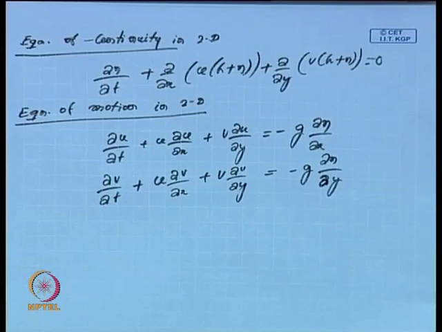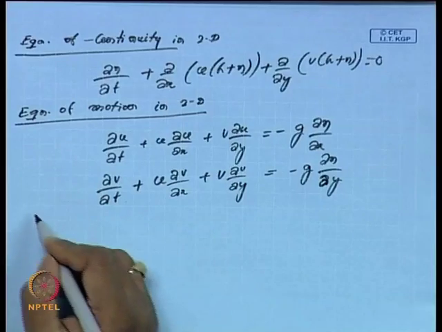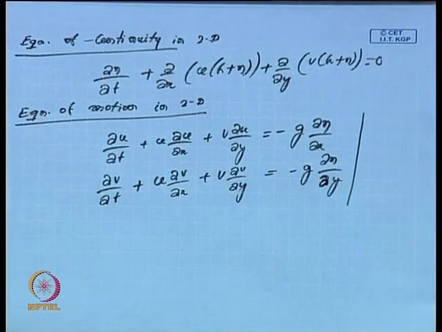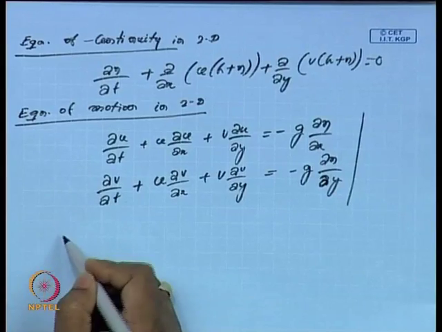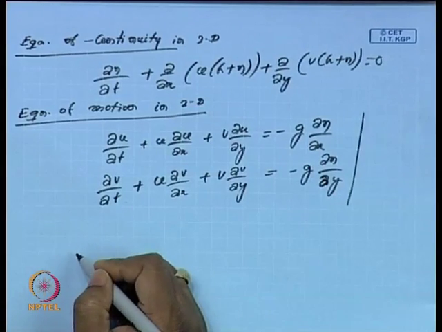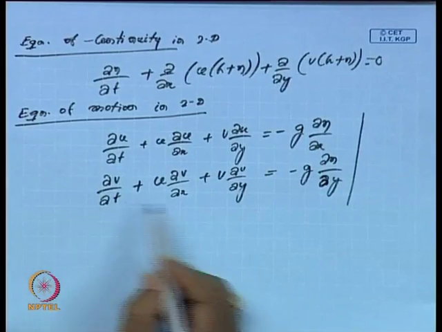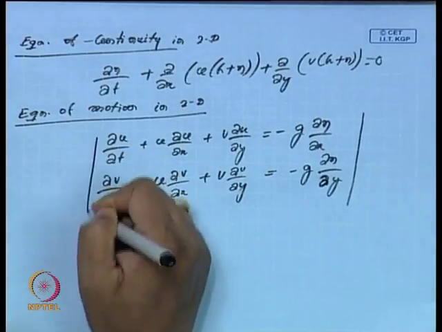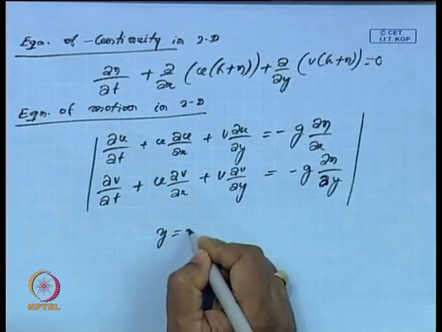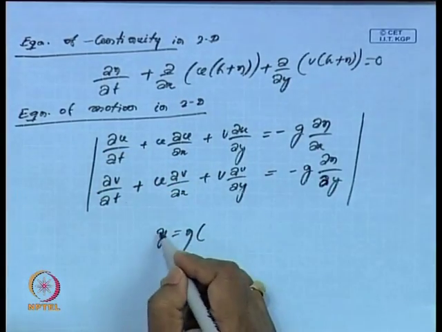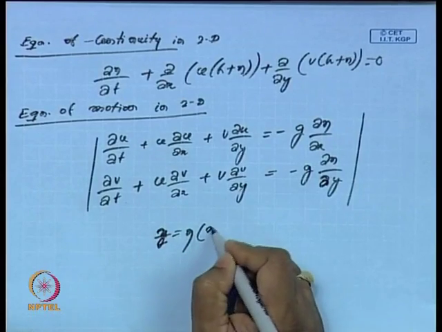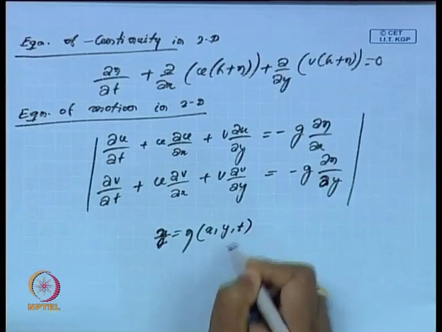So, if we linearize this, what will it give? On linearization, it can be easily shown that there are two things which are satisfied, and here we have assumed z is equal to eta, which is a function of x, y and t.